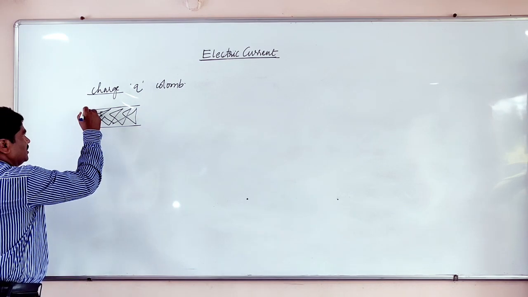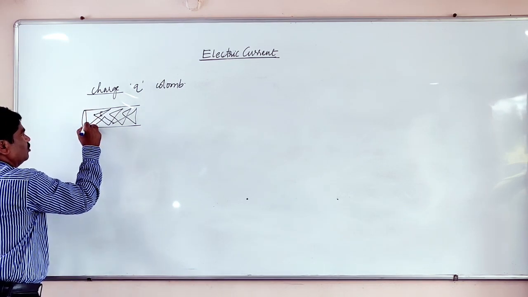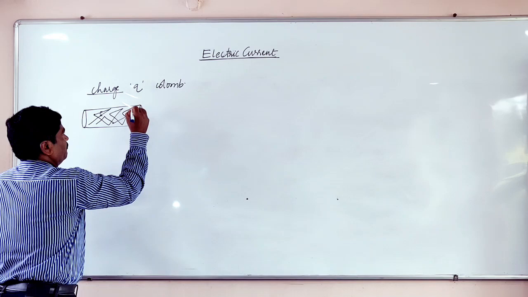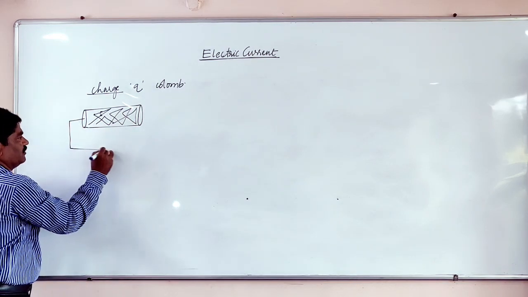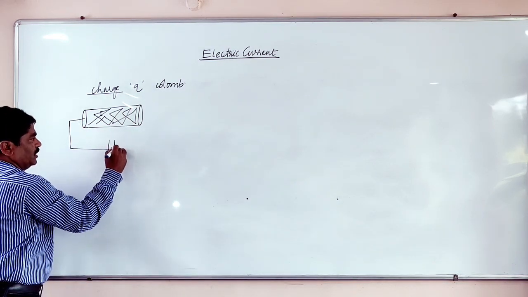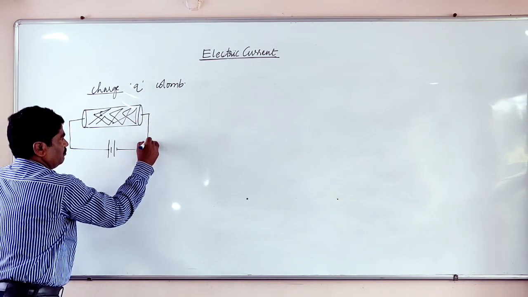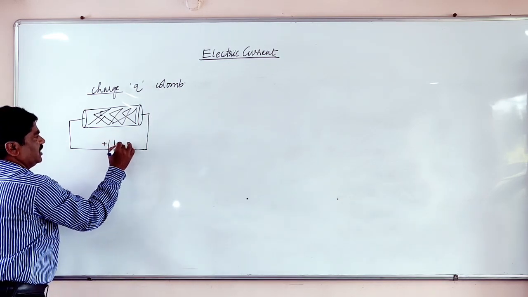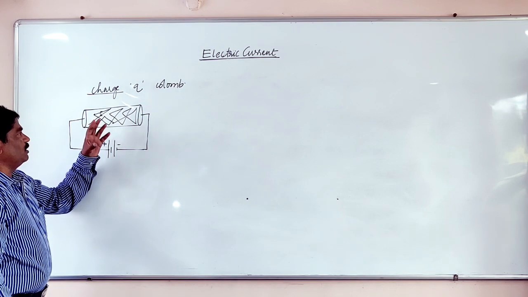But when the ends of this conductor are connected to an external electric field like a battery, which has a positive end and a negative end, what happens?